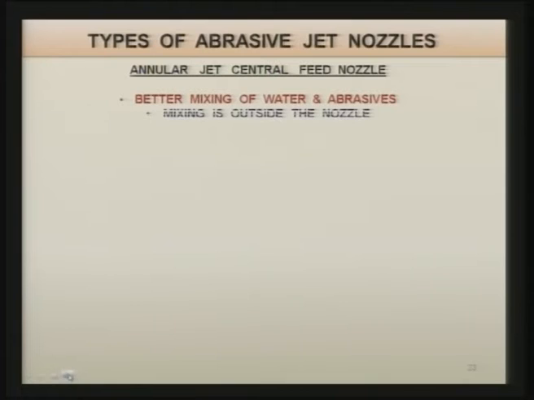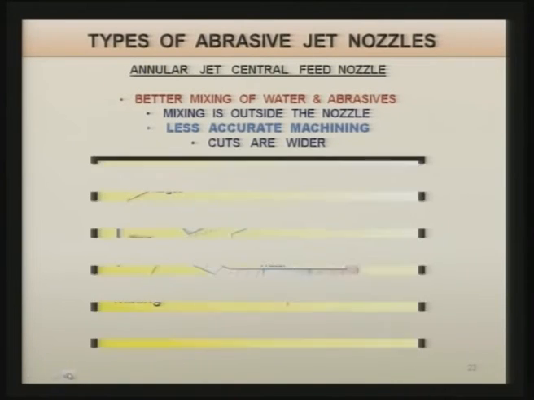Another one is known as the annular jet central feed nozzle. It gives better mixing of water and abrasive, but in this particular case mixing is outside the nozzle. It gives less accurate machining as compared to the earlier one. In this case the kerf width is higher compared to the earlier one.